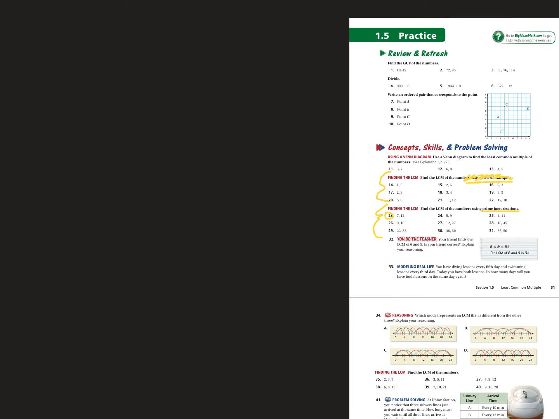If we have the numbers 7 and 12, first, to find the LCM, we're going to do the prime factorization of those two numbers again. For the number 7, the only prime factors are 1 and 7, because it's a prime number.